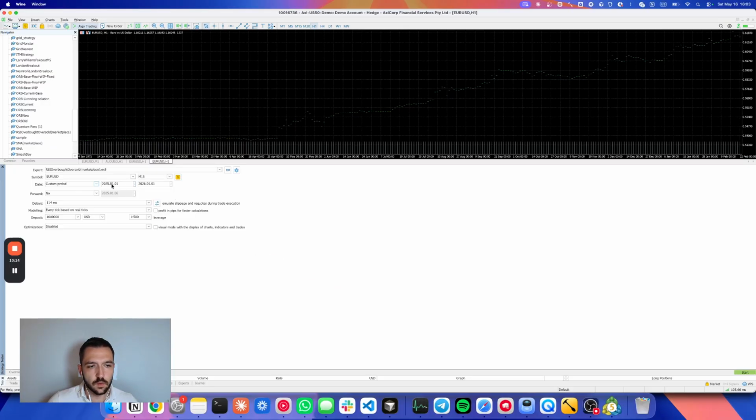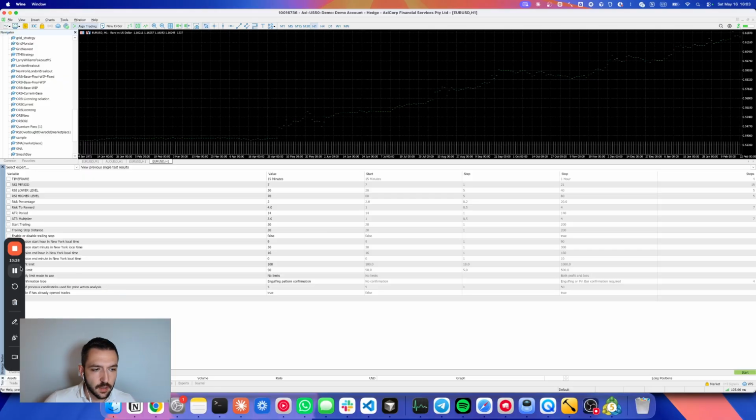We're going to look at 2025 to 2026. We're going to trigger the visual mode so you can see the trades being opened. Then we're starting with a $1 million balance, and these are all standard settings. So let's now go to the inputs and see what inputs you have when you're trading the RSI trading bot. First of all, you have the time frame.